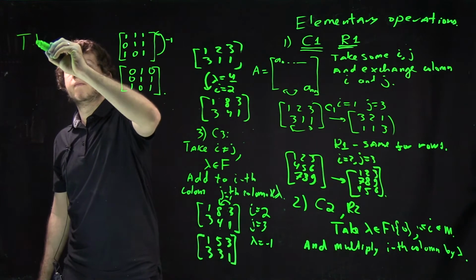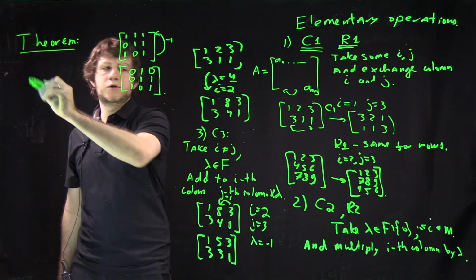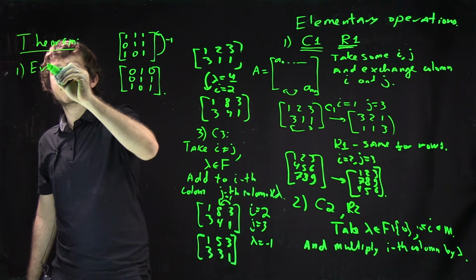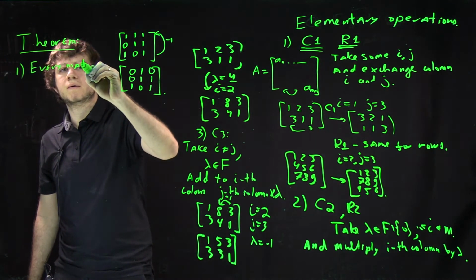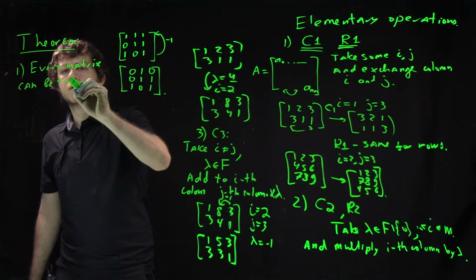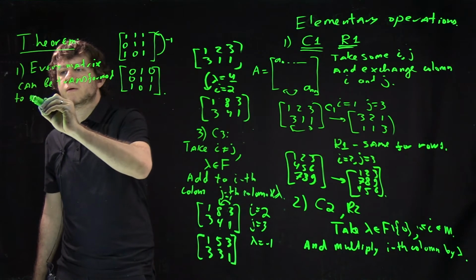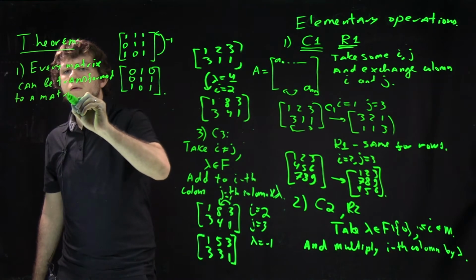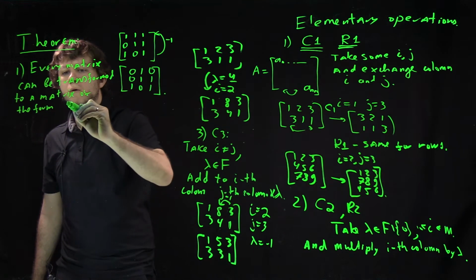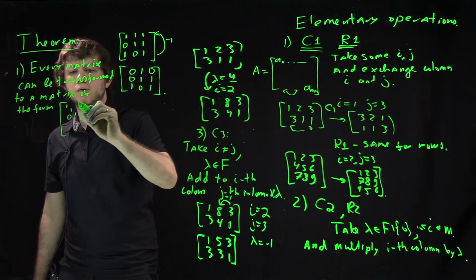So, theorem. There are two statements. The first is that every matrix can be transformed to a matrix of the form 1, 1, 1, 1, 0, 0.